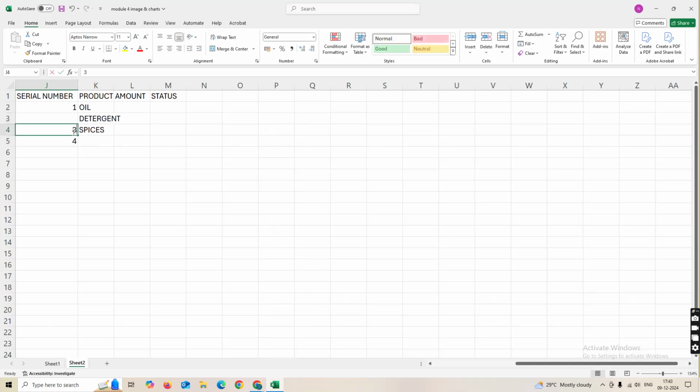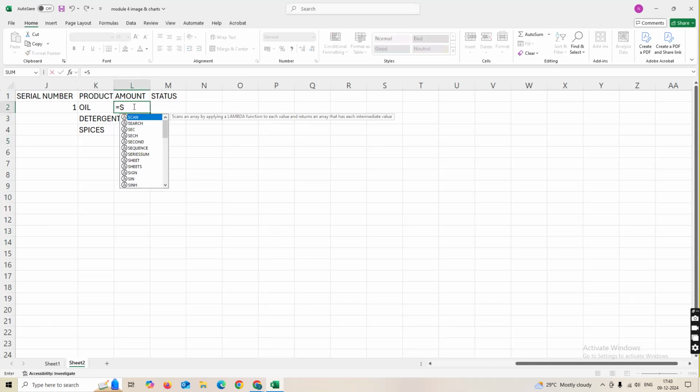Now we have to understand how we can use a cell every time. If you understand it well, you can apply your brain smartly whenever you get a challenge based on some problems or situations. To add, what we did, equals to sum, whatever cell we were using. We applied the formula in the cell, and the same thing we copied, isn't it?